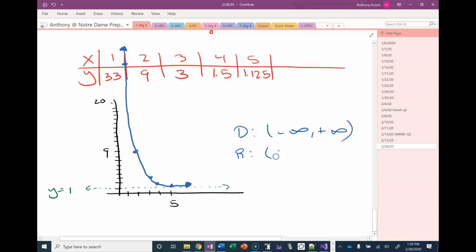And the range for this one is going to be k to positive infinity, since the leading coefficient was positive. Is everybody okay there?